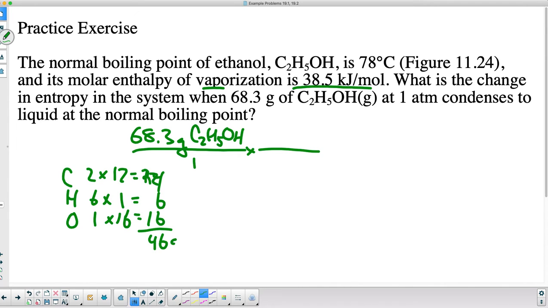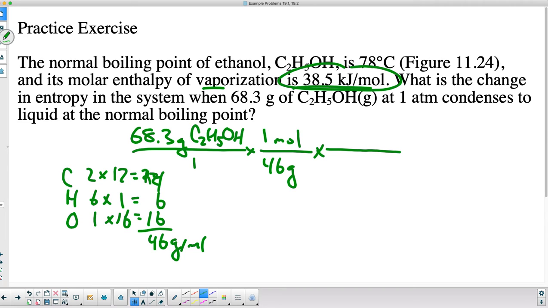And that should give me 46 grams per mole. So I got 46 grams on the bottom, 1 mole on top, 46 grams on the bottom. Now, let's just keep going all the way.